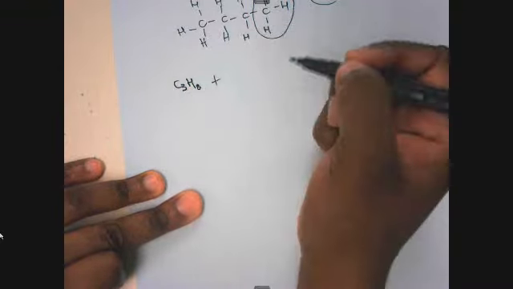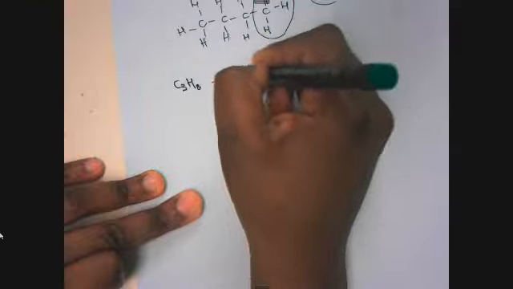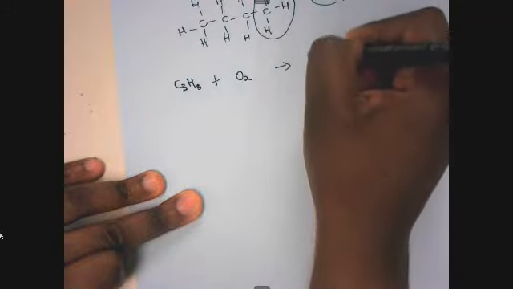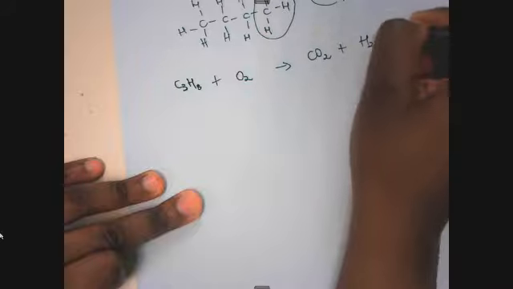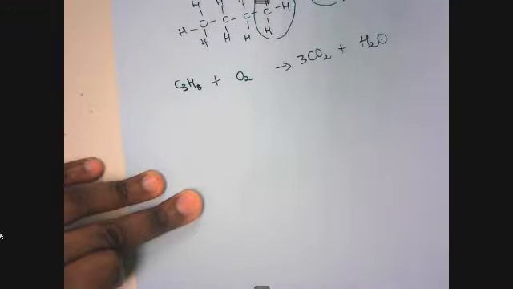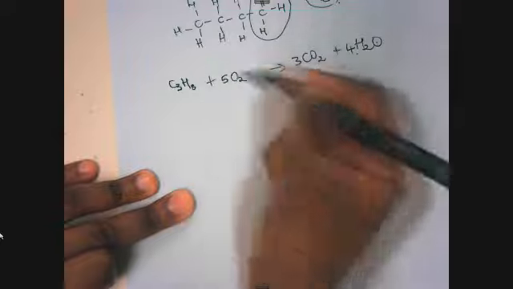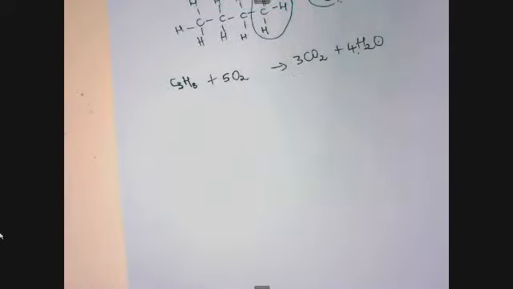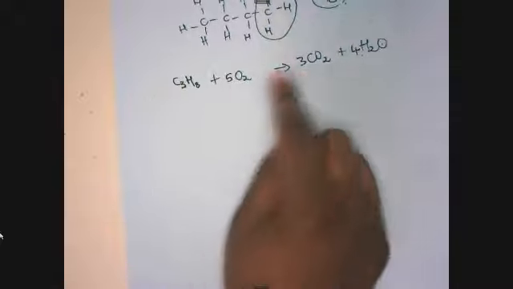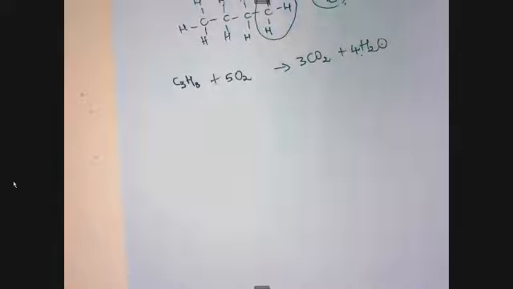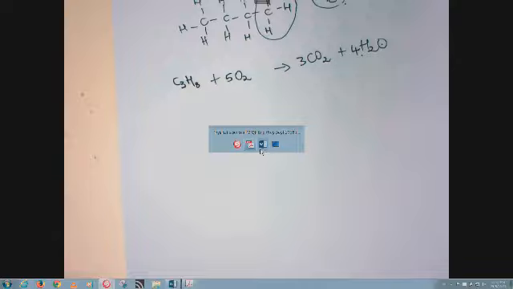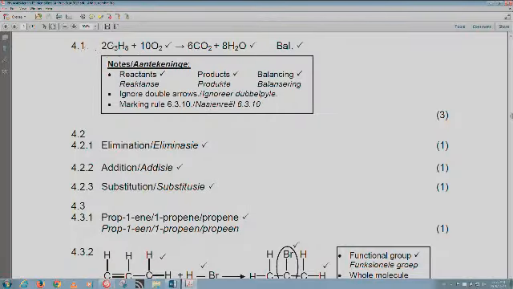So instead of writing 2 here and a 10 and a 6 and an 8, the learner can write this in simplest form. In other words, we accept any correct multiples of these numbers that are balancing here.